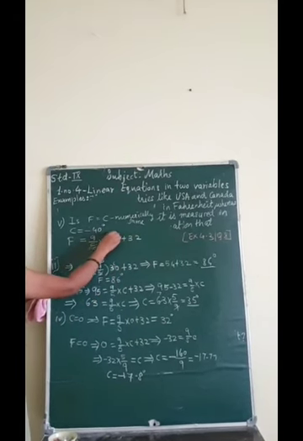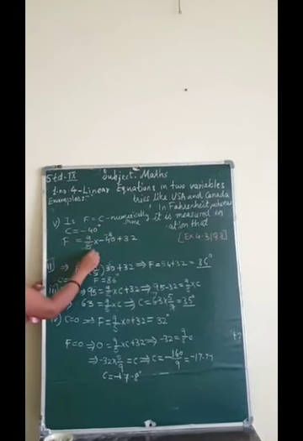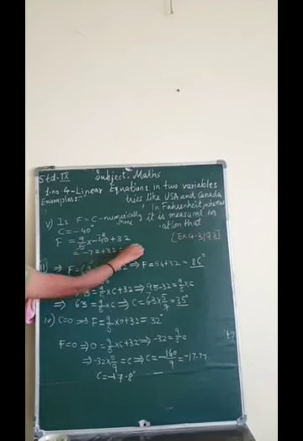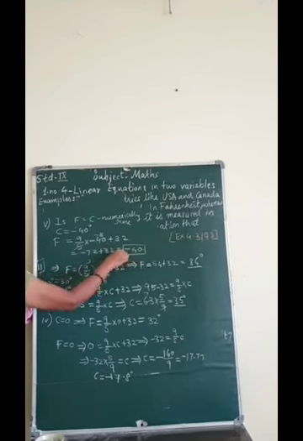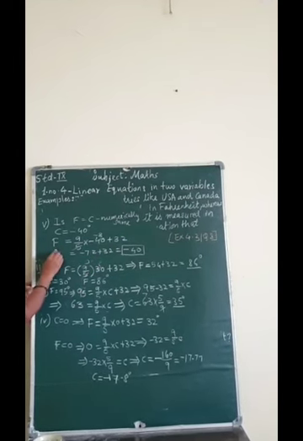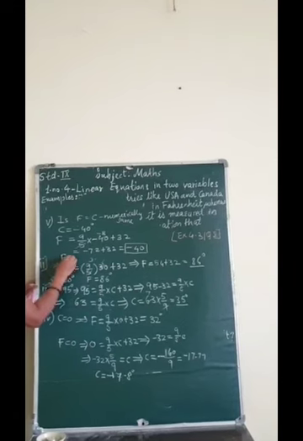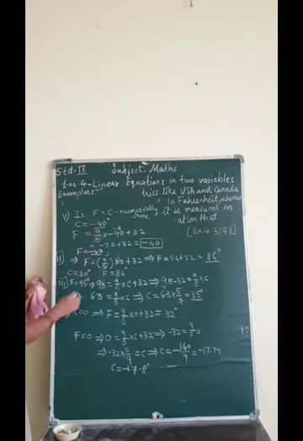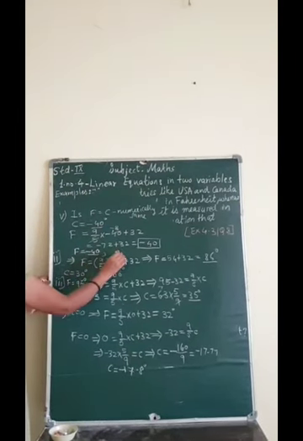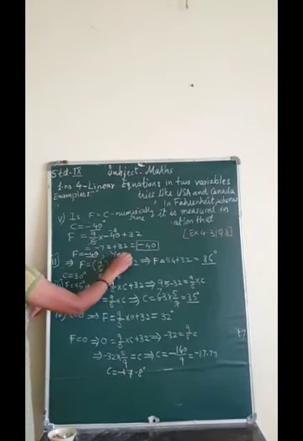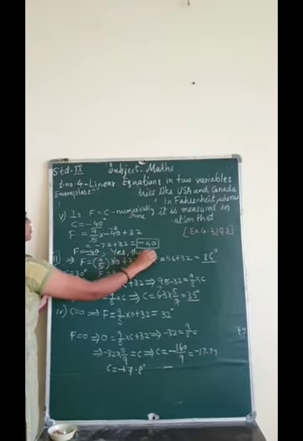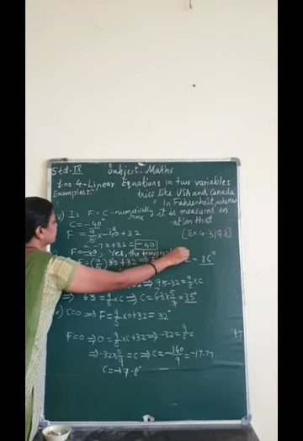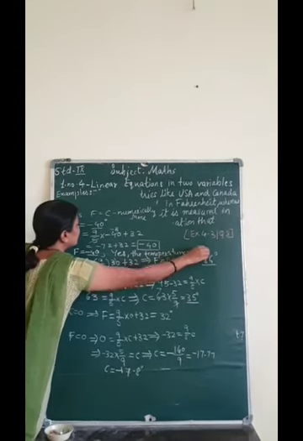So minus 72 plus 32 gives us minus 40. It means F is minus 40. So when C is minus 40, F is minus 40. So here we write the answer: yes, the temperature numerically same is minus 40 degree.